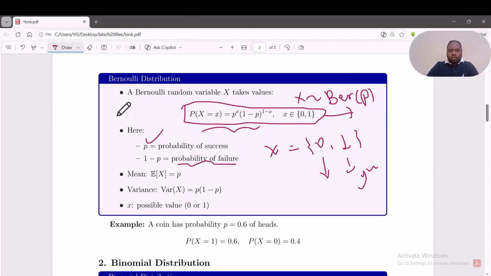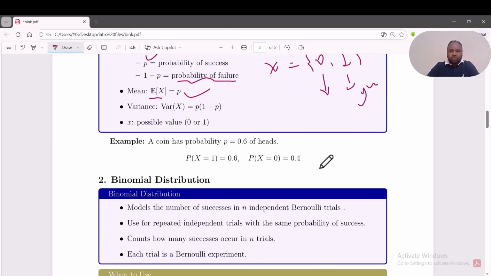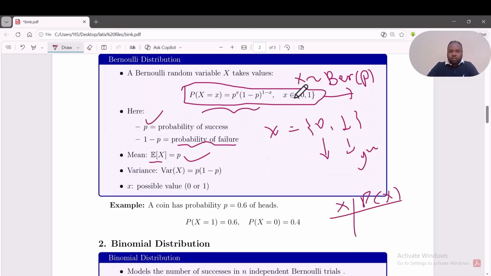For this probability mass function, we can summarize it using mean and variance, where the mean is p and the variance is p times 1 minus p. This can easily be computed from this table. The possible values of the Bernoulli distribution are 0, 1.